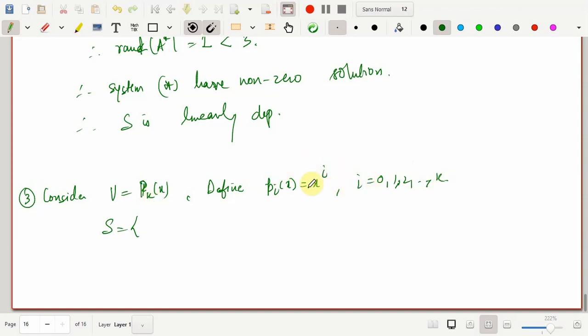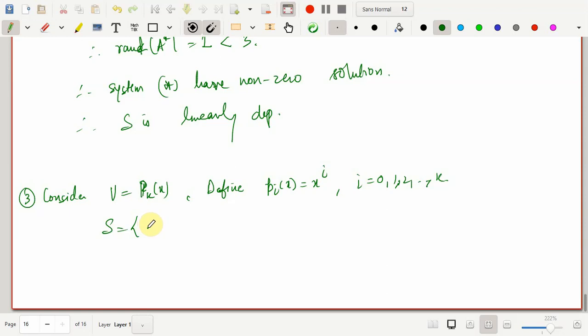For i equal to 0, we get a constant polynomial whose degree is equal to 0, so it is less than or equal to k. Then for i equal to 1, we get x raised to 1, and so on. For i equal to k, we get x raised to k, a simple polynomial of x.